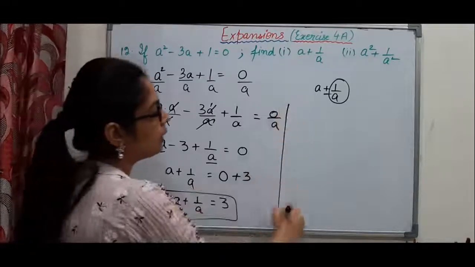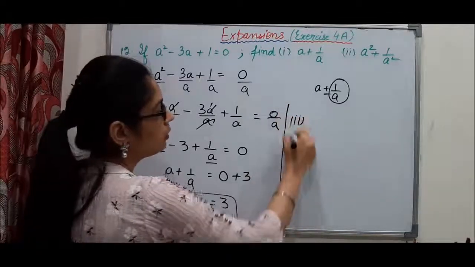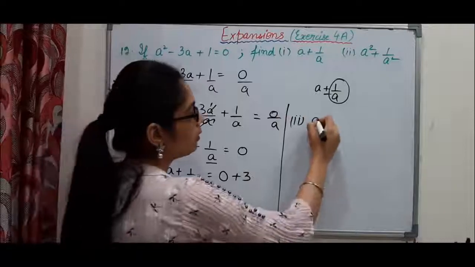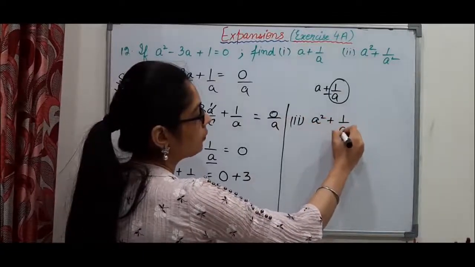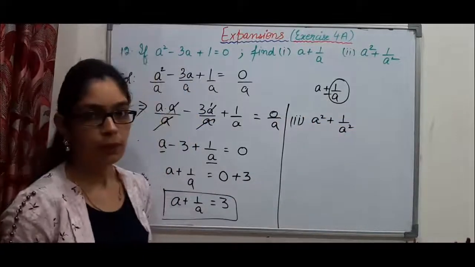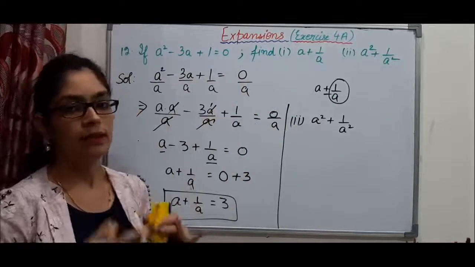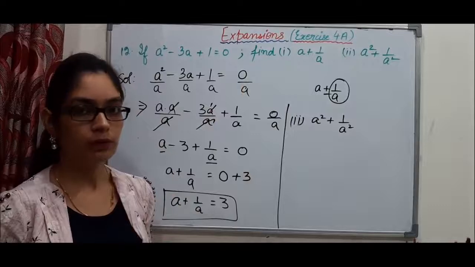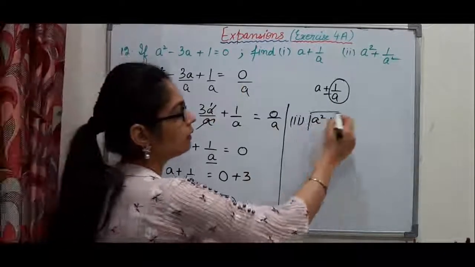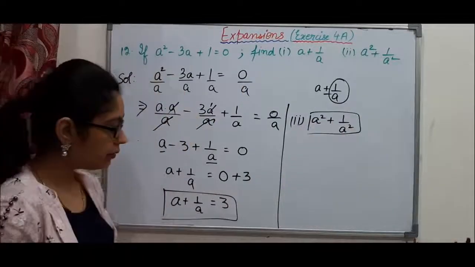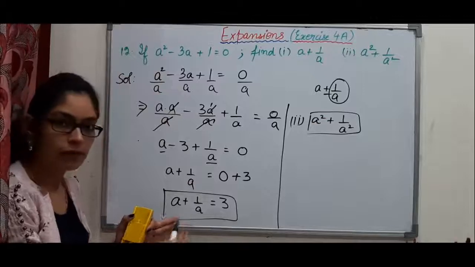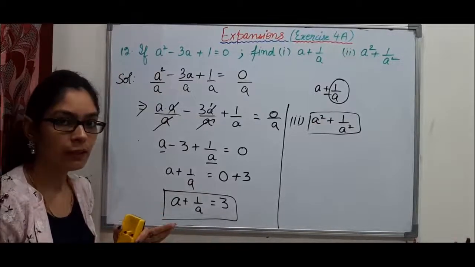Now the second part we have to find is a square plus 1 by a square. See, a square plus 1 by a square, where can we get it from? From the first, it is of a plus b form. So if we do its whole square, we will get this thing. So let's start by doing that, because we now have the value of a plus b, where b is 1 by a.